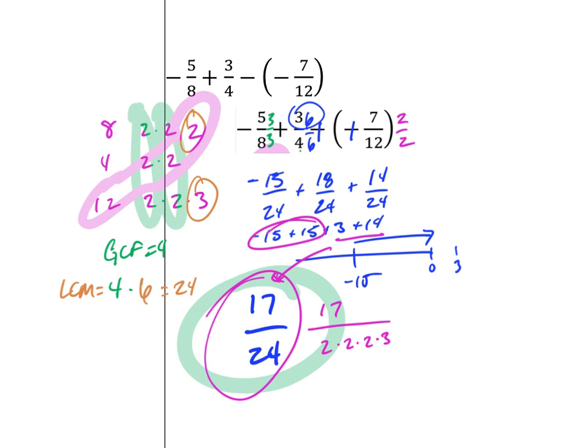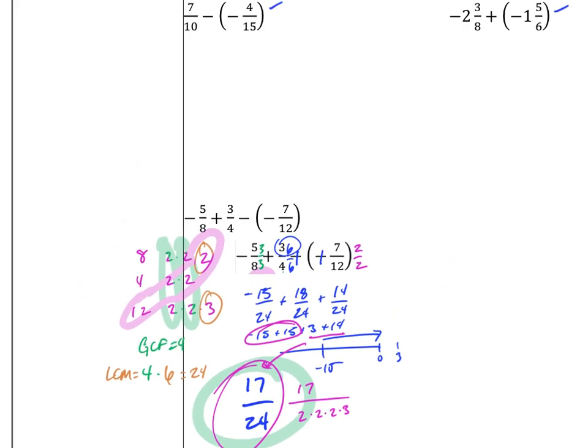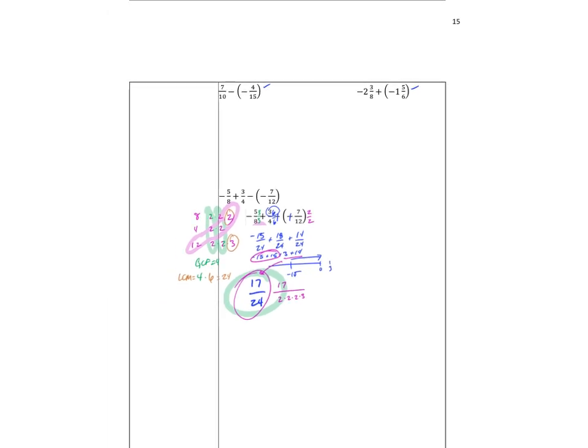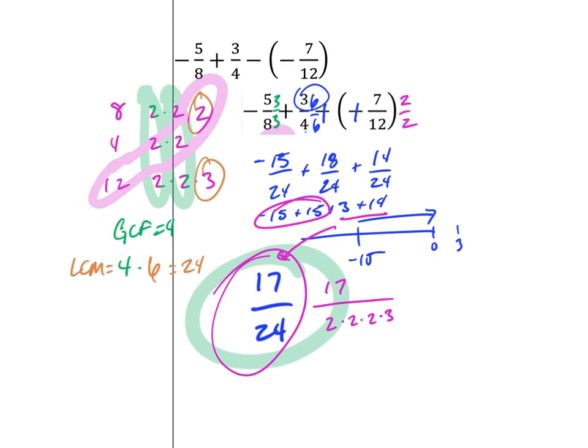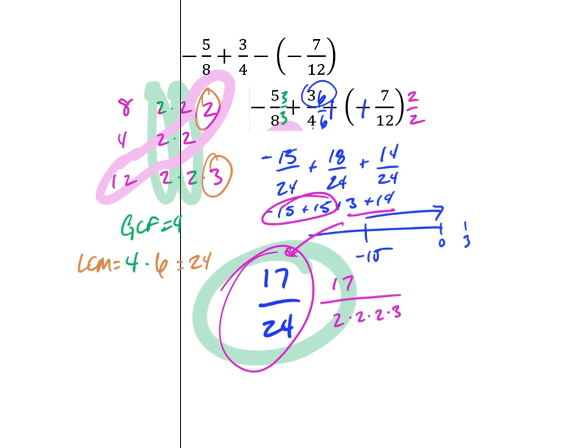Okay, so if you're looking at these and you're thinking, "Oh my gosh, how wonderful!" If you're looking at this, that means you didn't understand it, because you're looking at this explanation knowing you didn't get 17 24ths, and you couldn't figure out why you didn't get 17 24ths. So you fast forward to figure out why it was 17 24ths.